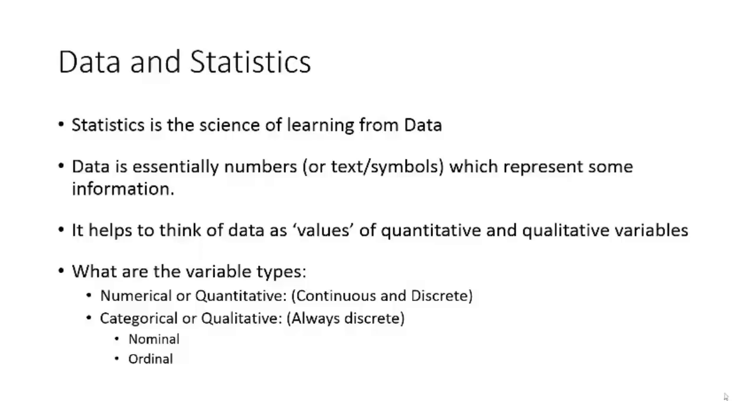Quantitative variables are also called numerical variables, and the best way to think of them is that they have meaning as a measurement, such as a person's height or weight or IQ, or they can be some kind of a count, such as the number of days it has rained, and so on and so forth.